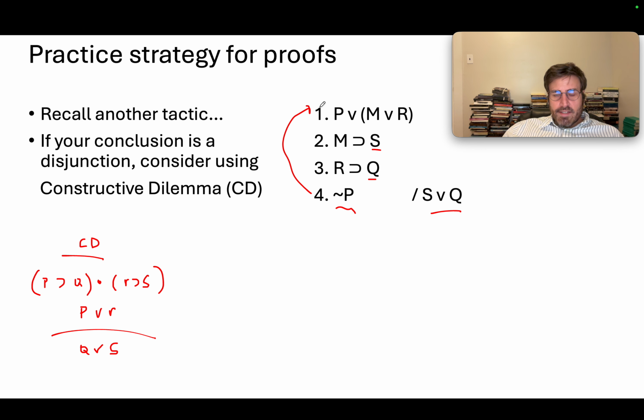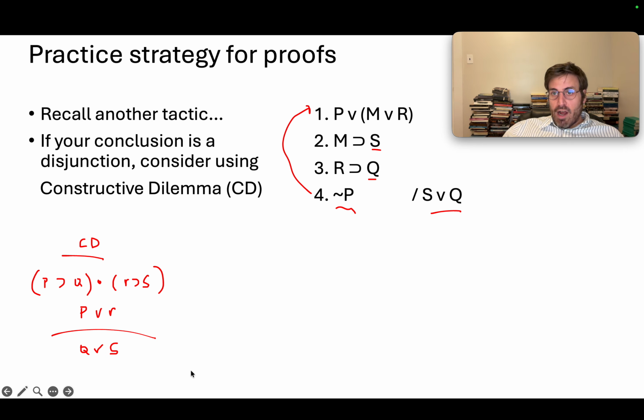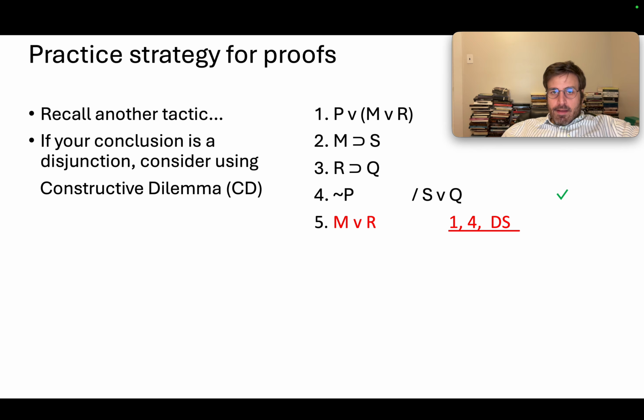All right, so I see that in line 4 we have not P, and then if I look back on line 1, I see that we have a disjunction, either P or M or R. So see if you can't find a rule that can generate a new line with lines 1 and 4. You should be able to pick up on the applicability of disjunctive syllogism to lines 1 and 4, right?